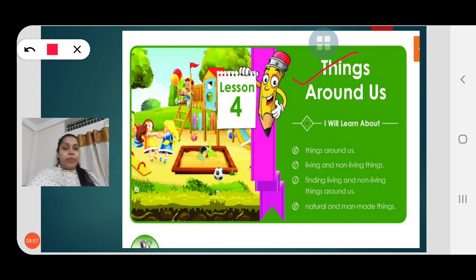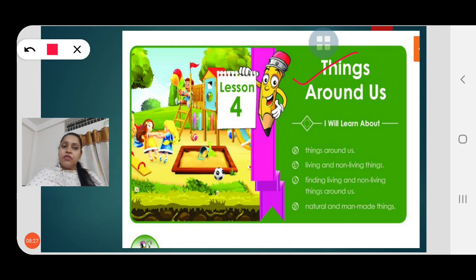When you go to your bedroom, the table lamp, the light, the fan, the curtains, the windows, the bed, the study table, your books, everything children are the various things, and they are around us, they are nearby us.